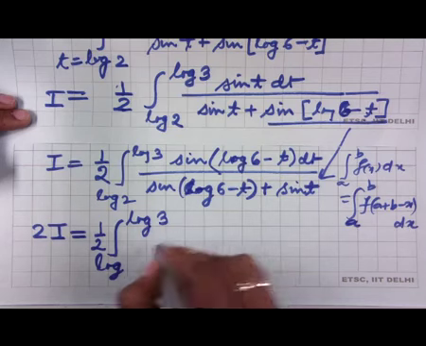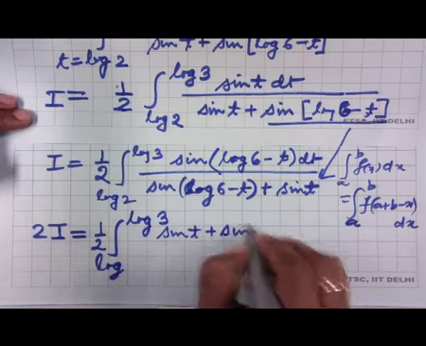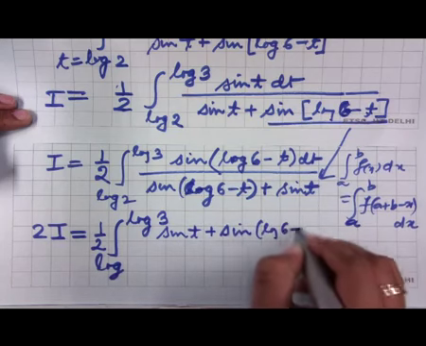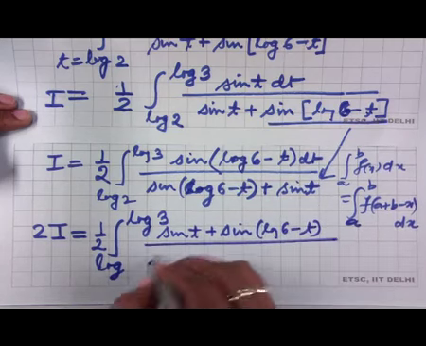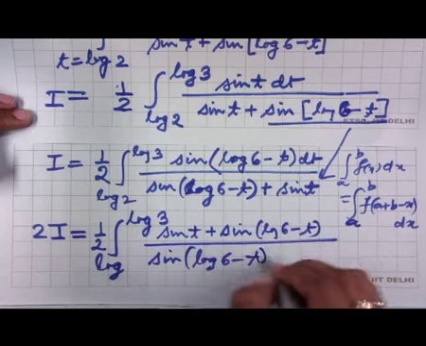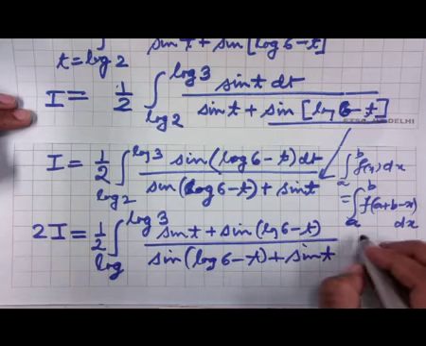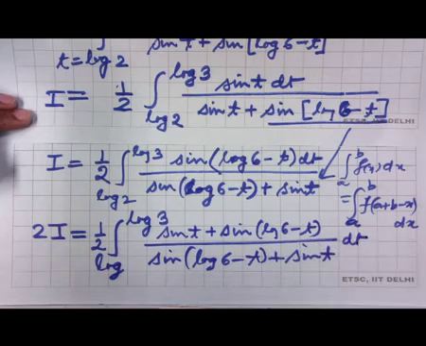So you get (sin t plus sin of (log 6 minus t)) by (sin of (log 6 minus t) plus sin t) dt.